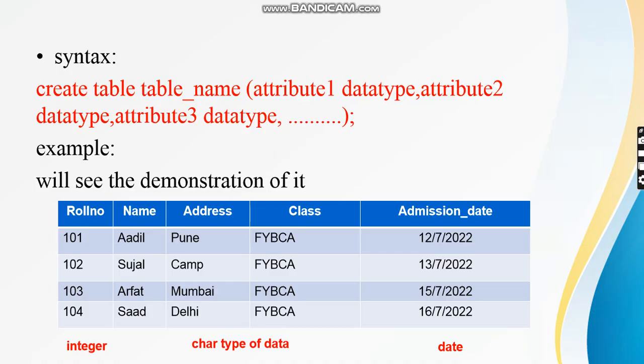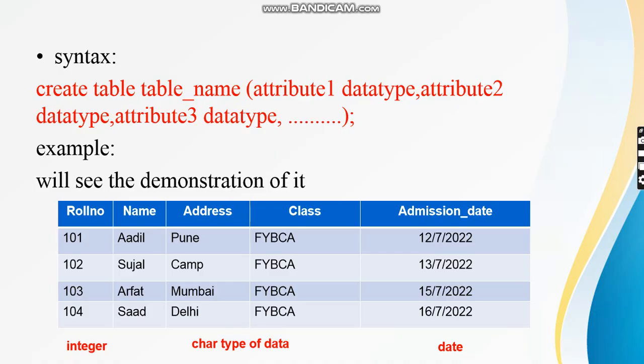This table has the attributes roll number, name, address, class and admission date. Roll number is of integer type, name, address and class are of character type, and admission date is of date type. Now let's see the demonstration part of it.